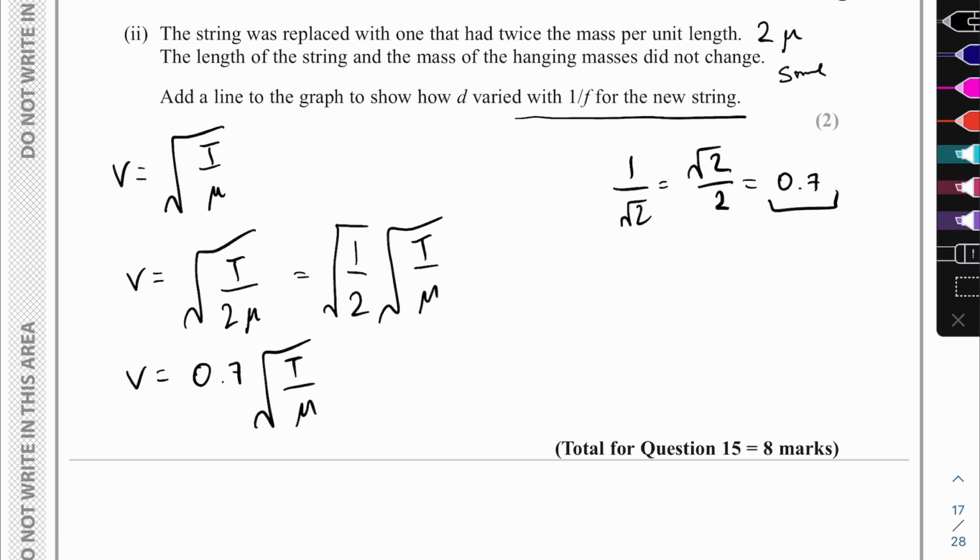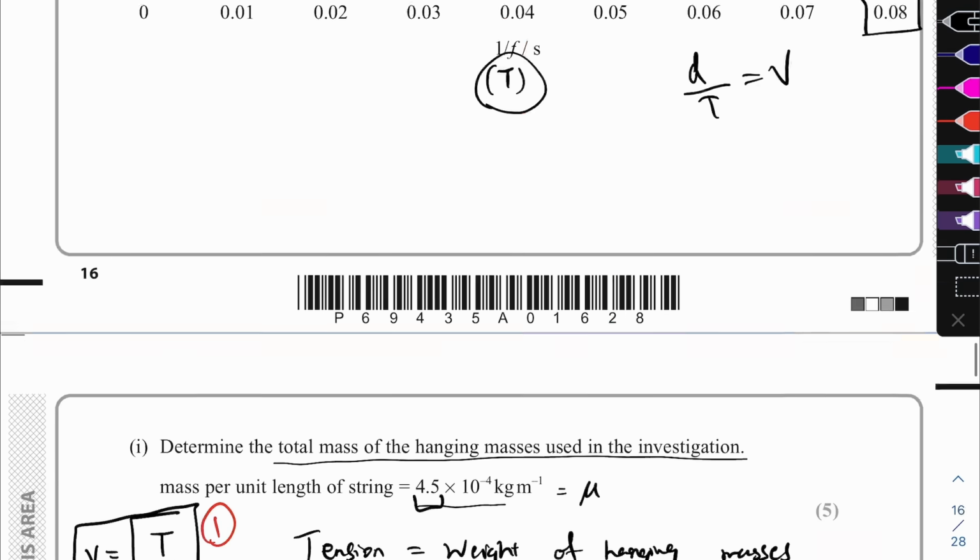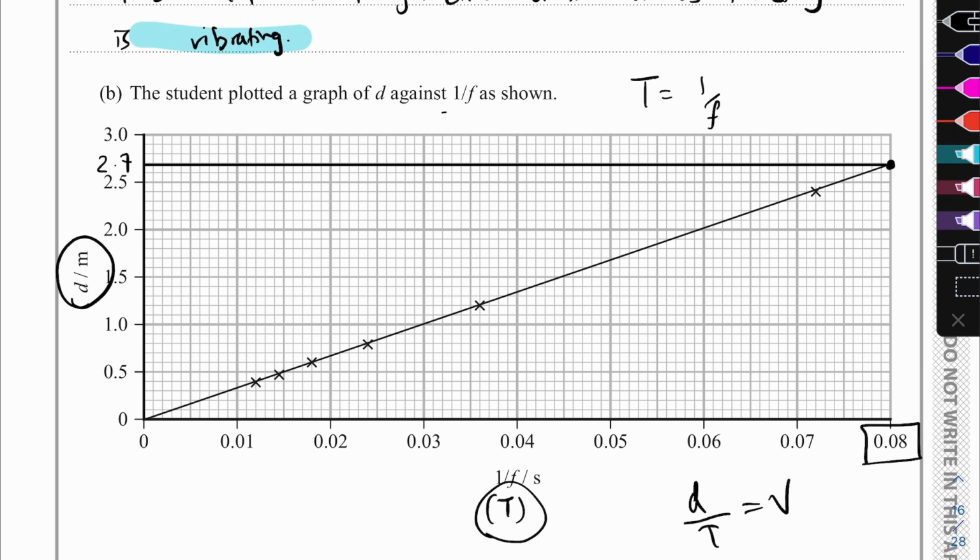This means that the slope must be 0.7 times the current slope we have. Right? So let's go back. Now we took this value at 2.7. So now let's take 2.7 multiplied by 0.7. This gives us 1.9.